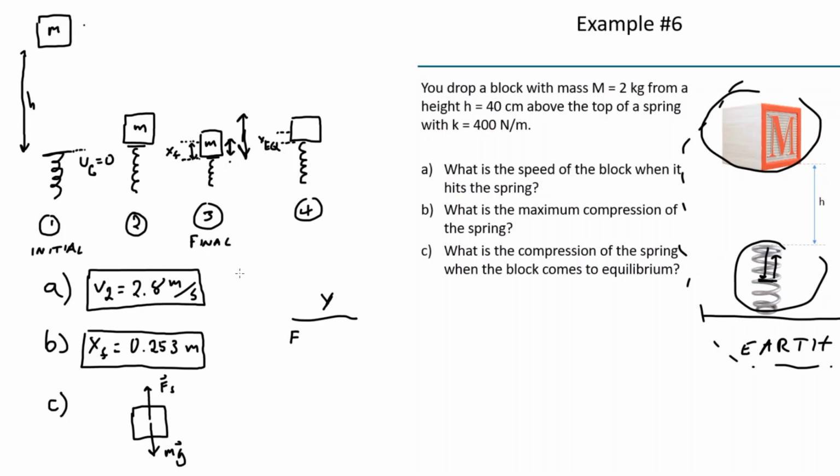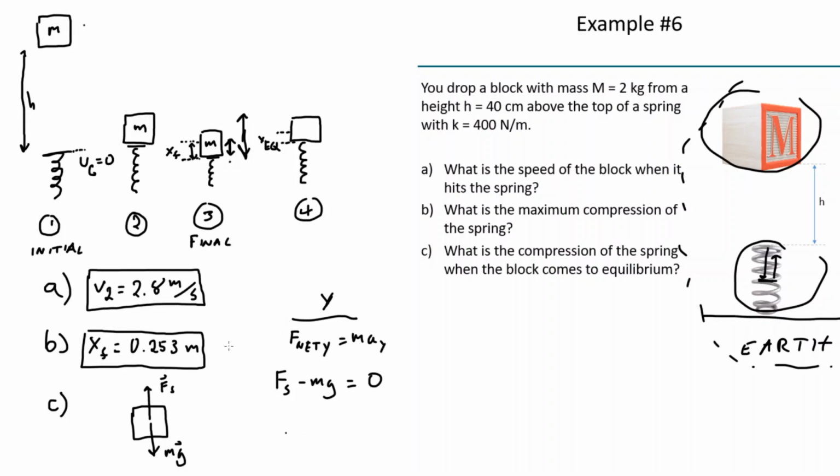F net y equals ma y. Well, the acceleration is going to be 0 when the block comes to rest and it reaches equilibrium. So we just have the spring force pushing up in the y direction minus the gravitational force pulling down. This equals 0.